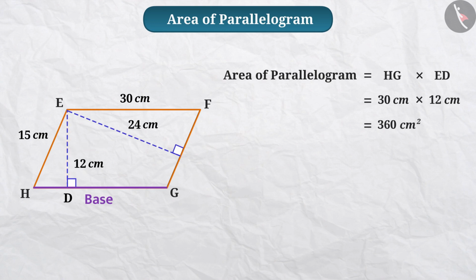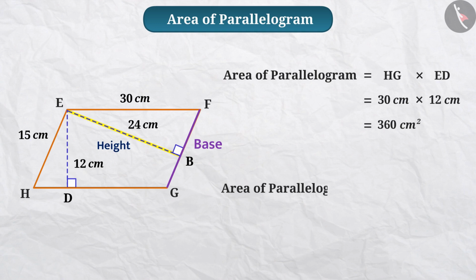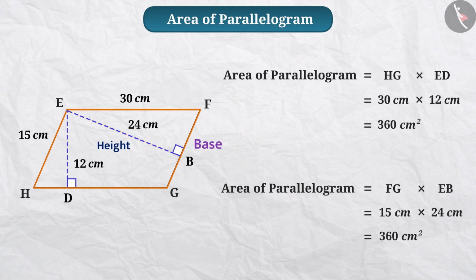Similarly, we also see that in parallelogram EFGH on side FG, perpendicular EB is drawn from vertex E. Therefore, for parallelogram EFGH, base FG and perpendicular EB as height can be considered. From this, we get area of parallelogram as FG multiplied by EB is equal to 15 cm multiplied by 24 cm is equal to 360 square centimeter.